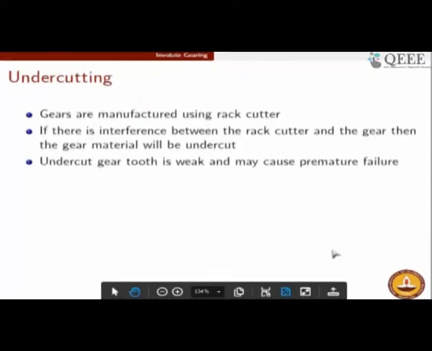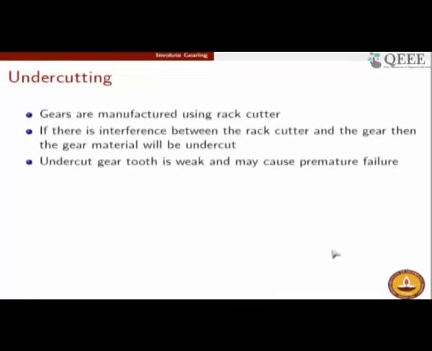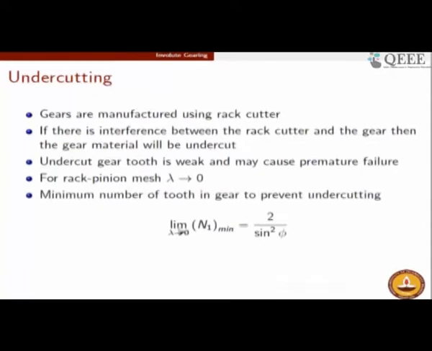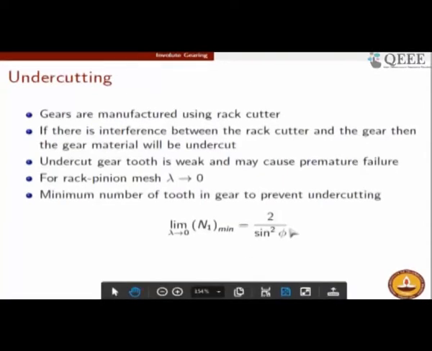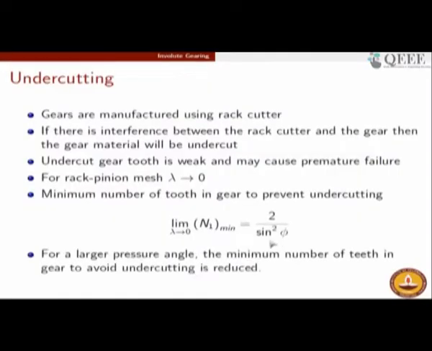And undercutting is a special form of interference which happens between a rack and a pinion, and this relates to the gear manufacturing process using a rack cutter. So when that happens, the formula shown in the previous slide can be specialized to the following form, which is given here, and for phi equals 20 degrees, this comes to around 18 teeth. So the minimum number of teeth required in order to prevent any undercutting is 18.